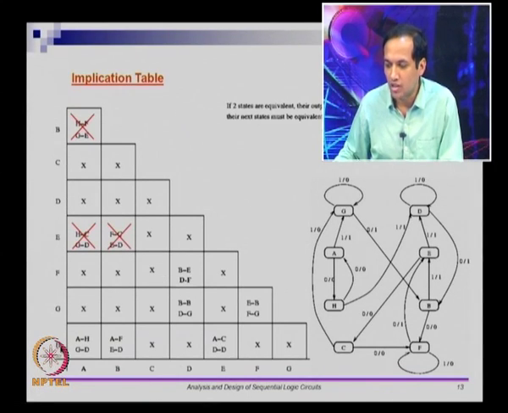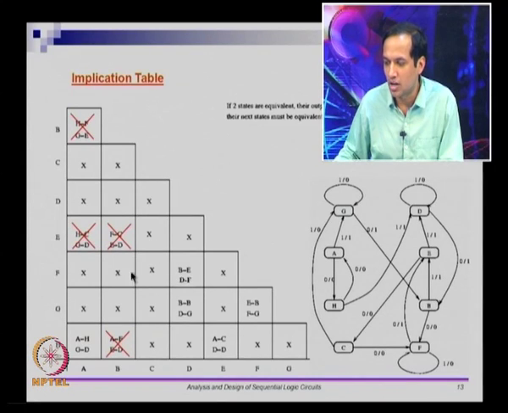Then if I want H to be equivalent to B, then A should be equivalent to F, which we already know is not true. So, this is not possible also. This column says C is not equivalent to anything, right. You know that from this column C is not equivalent to anything, and from this row also C is not equivalent to A and B either. So, C is not equivalent to any state at all.